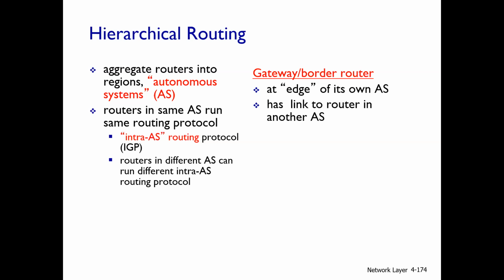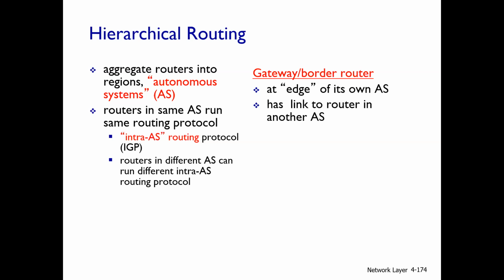Now, within that autonomous system, of course, you will use routing algorithms such as RIP or OSPF, and you will basically want to minimize or optimize the routes that you take within that autonomous system based upon metrics such as hop count or the capacity, bandwidth, or the congestion.